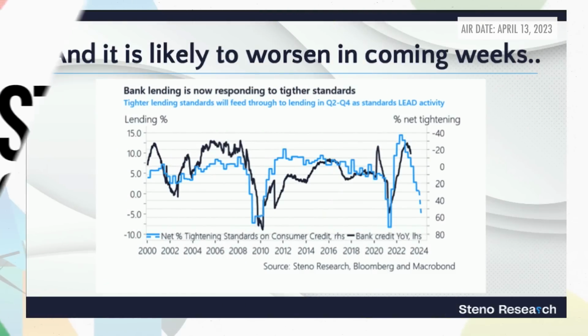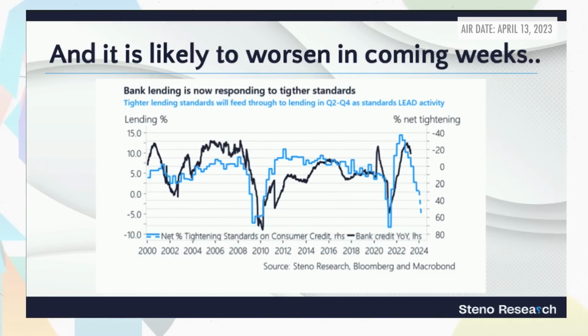If we move to the chart on credit standards for consumers relative to bank credit, what we've done here is look at the relationship between credit standards from banks and the subsequent move in bank lending. The bank lending is the dark blue here, and we have in light blue the credit standards from banks on a reversed scale.